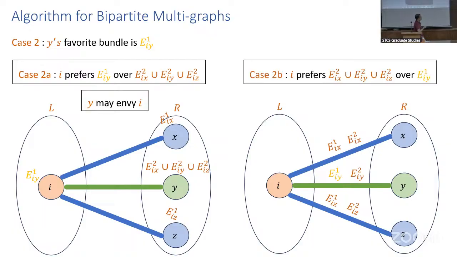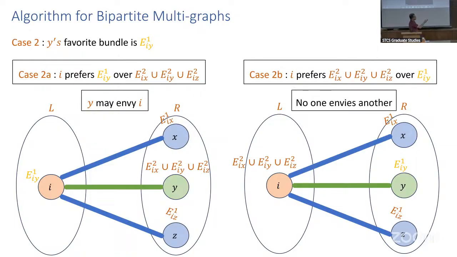The other case is simple. Here vertex i prefers this union over E1iY. So E1iX as before goes to X, E1iZ goes to Z, and these 3 bundles go to i and E1iY goes to Y. In this allocation, no one will envy each other.